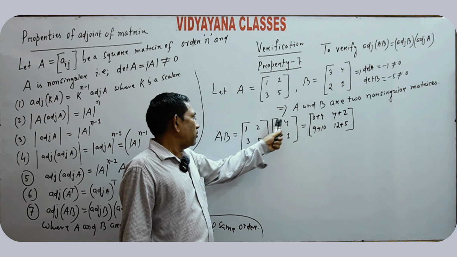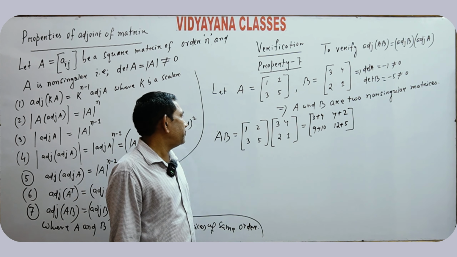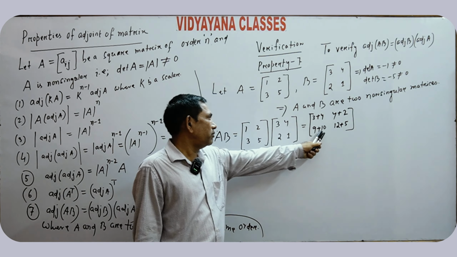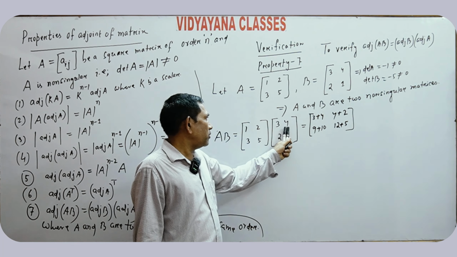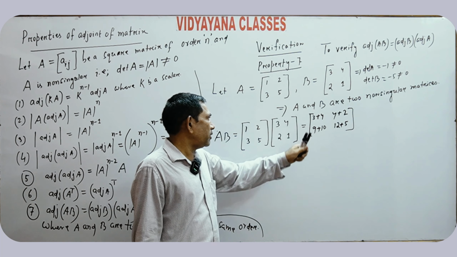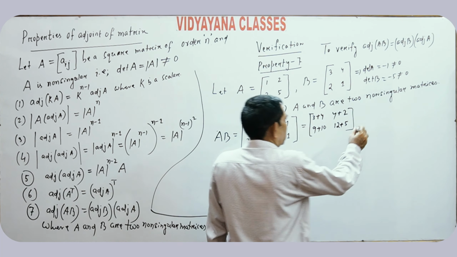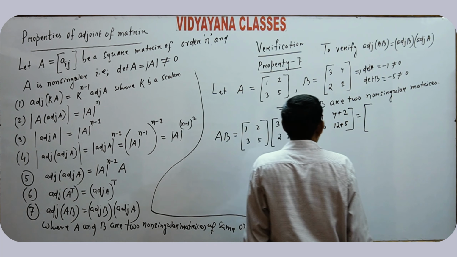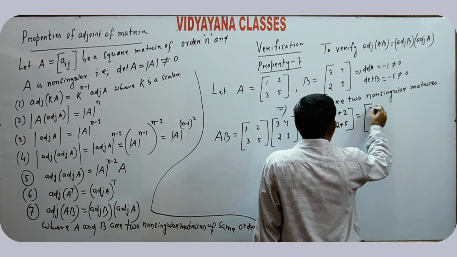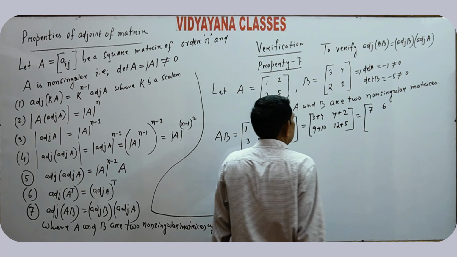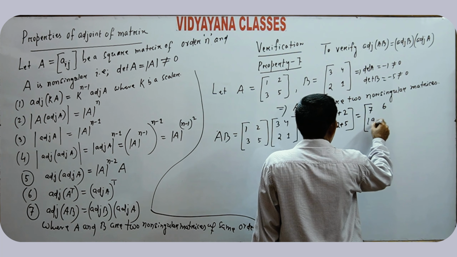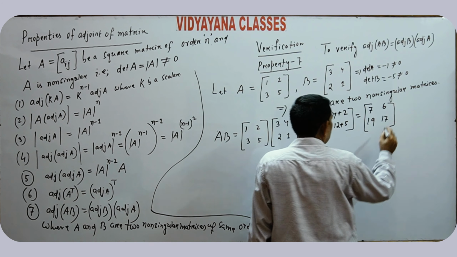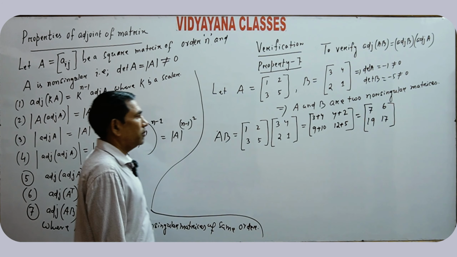Go through row 2, come down in column 1: 3 into 3 is 9, 5 into 2 is 10. Row 2, column 2: 3 into 4 is 12, 5 into 1 is 5. Which is same as 7, 6, 19 and 17. Clear?